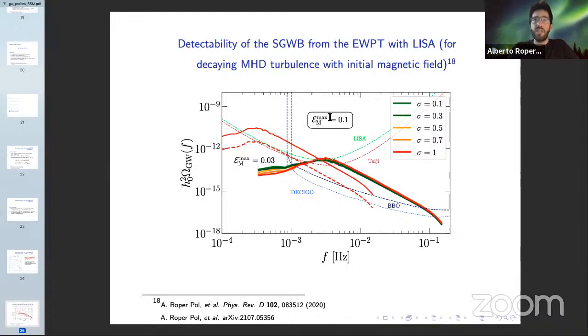And if we take a total energy density of approximately 10% of the radiation energy density, we obtain signals that would be observable by LISA. This is the power law sensitivity of LISA for a signal-to-noise ratio of 10 after 4 years of observation.